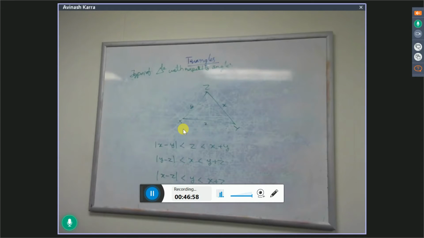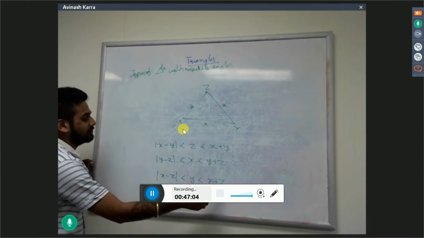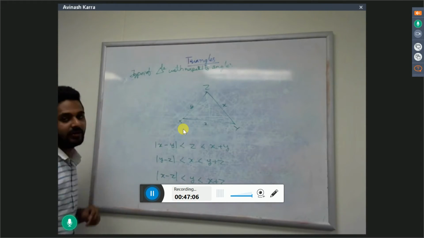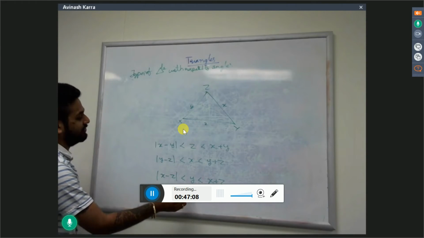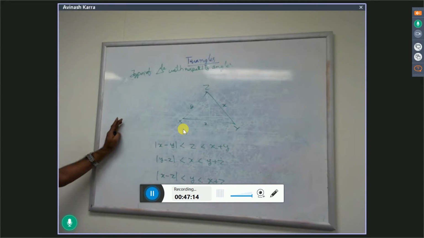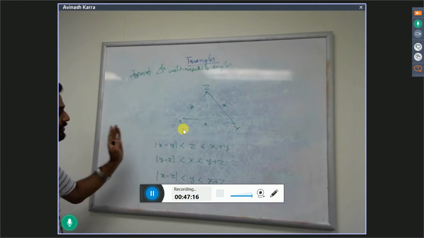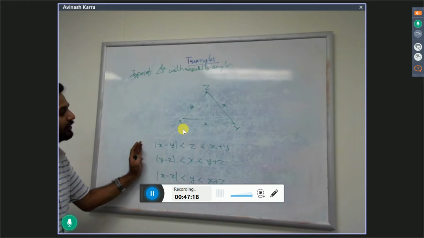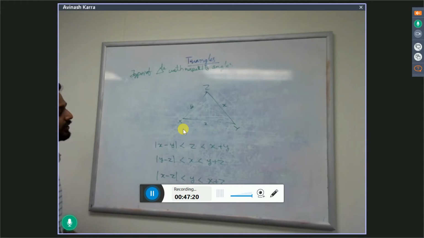The sum of the length of any two sides of the triangle is more than the length of the third side. That is what is equivalence. Whatever triangle it might be, this has to be satisfied.